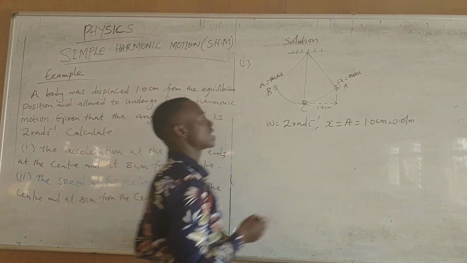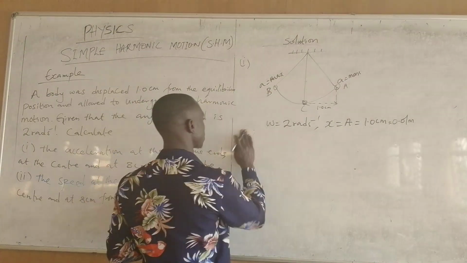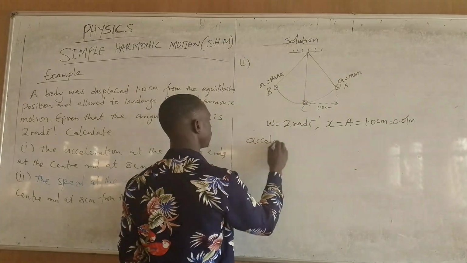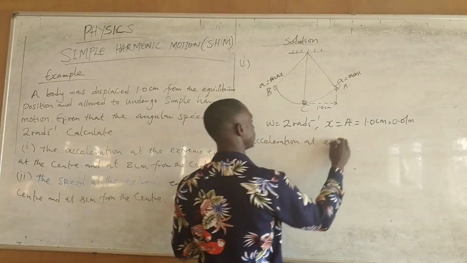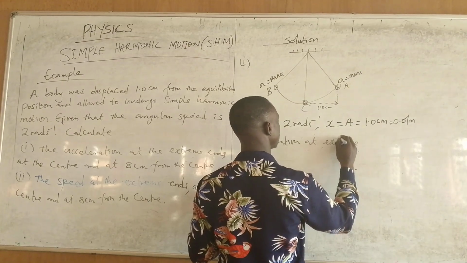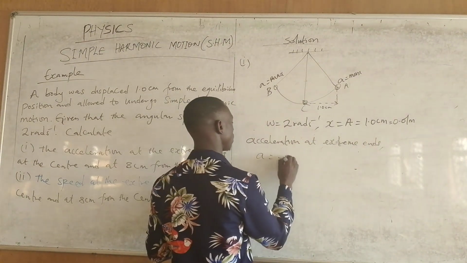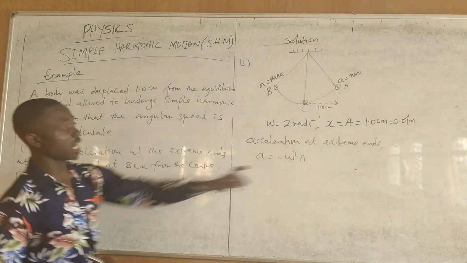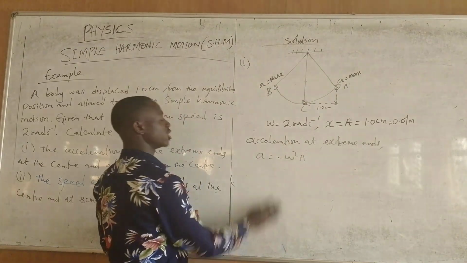When they say extreme ends, that's at A and B. It's going to be the same thing. So what's our acceleration at extreme ends? a equals minus omega squared A. Instead of using x, omega squared x, we are going to use omega squared A. Now please, we can ignore this negative sign.